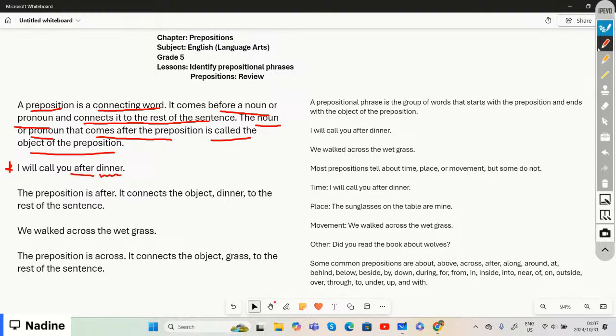All right. If we look at another example, it says, we walked across the wet grass. We need to select the preposition.